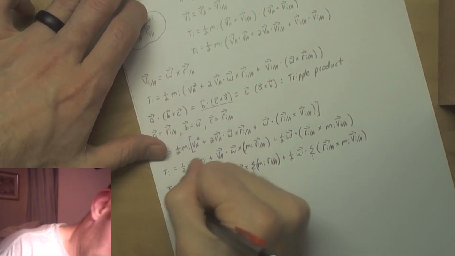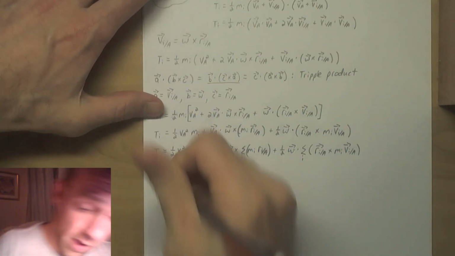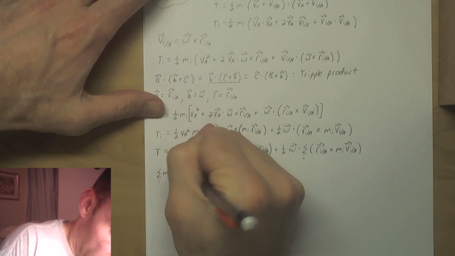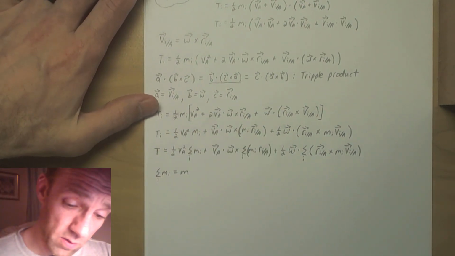First of all, the easy one: the sum of m_i is just the total mass of the object.